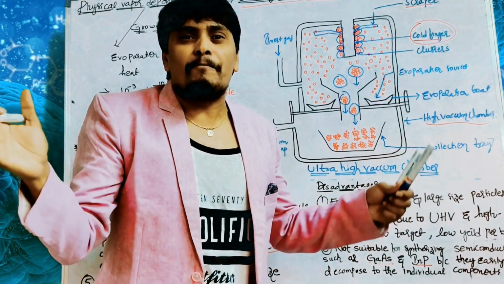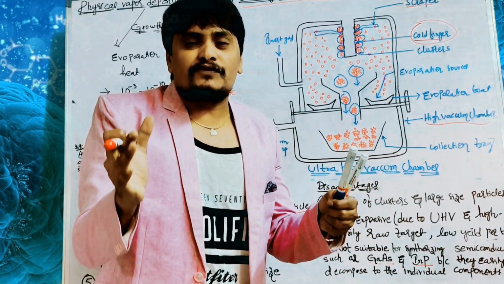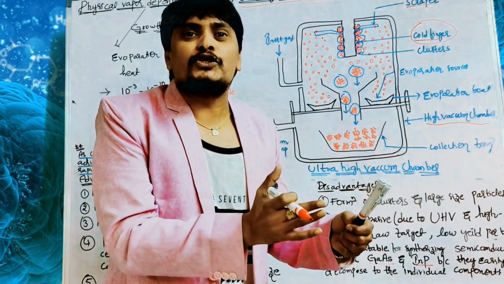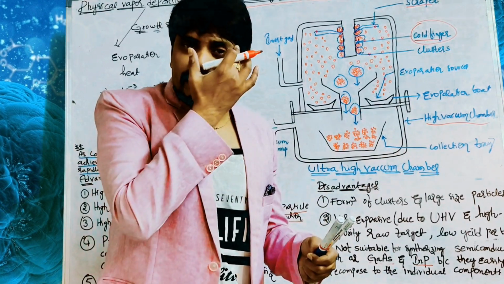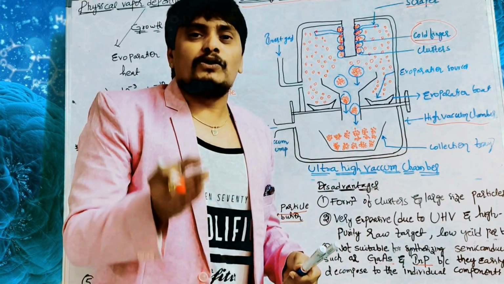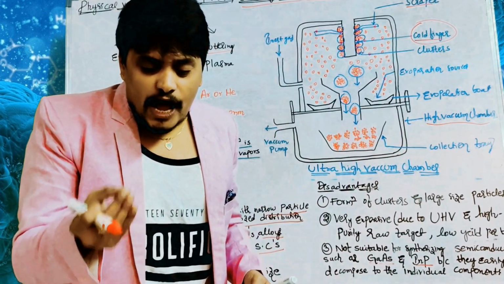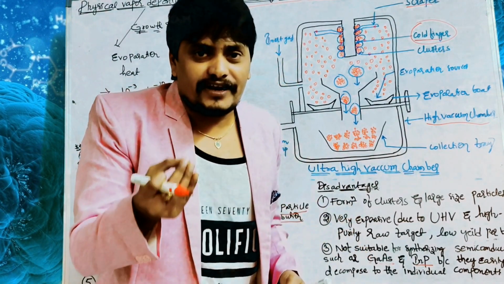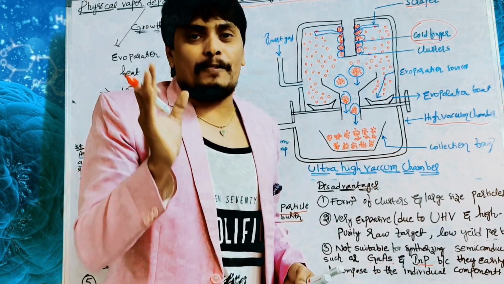Agglomeration is nothing but the merging of the particles. Once the nanoparticles which are formed merge again, they convert back to the bulk material, so there is no meaning for the process. So in order to avoid this agglomeration of the nanoparticles which are being collected in the collection tray, we have to add the surfactant immediately.